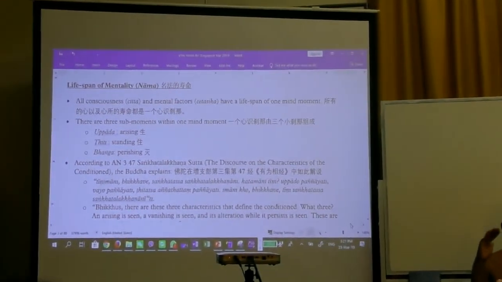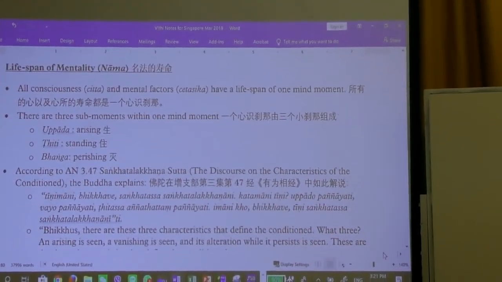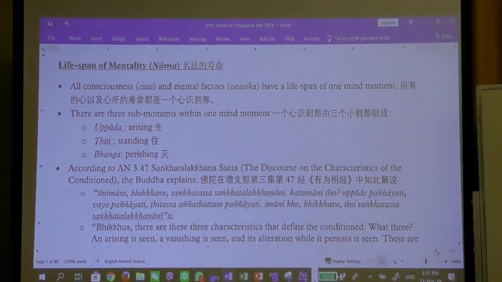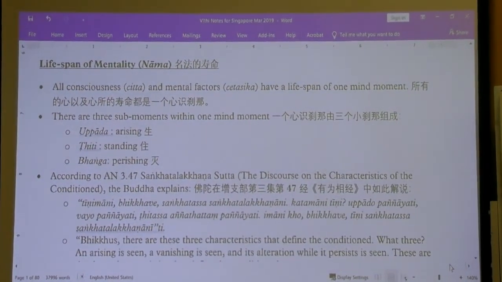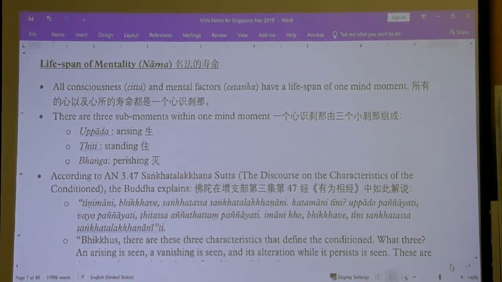Arising, appearing, present and death. There are 3 sub-mind moments for each mind moment: arising moment, standing moment and perishing moment.